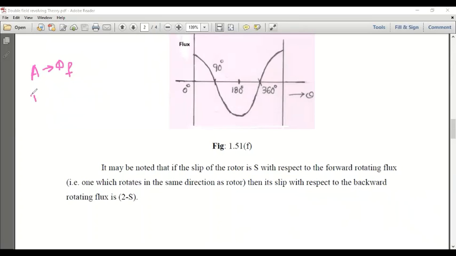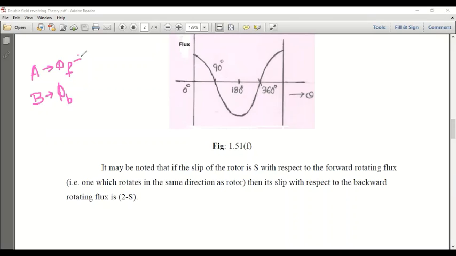The B vector, which is rotating in the other direction, is nothing but backward flux. So A vector is rotating in anti-clockwise direction, producing a flux called phi A. B in clockwise direction is producing a flux called phi B.